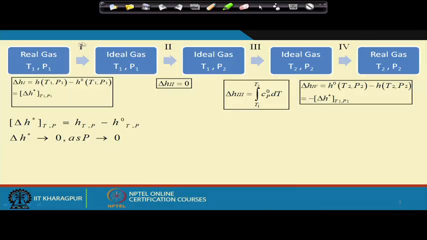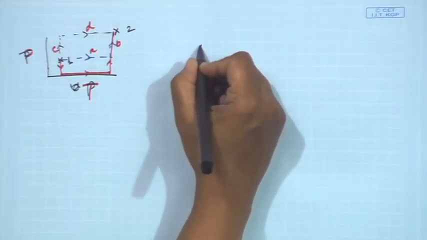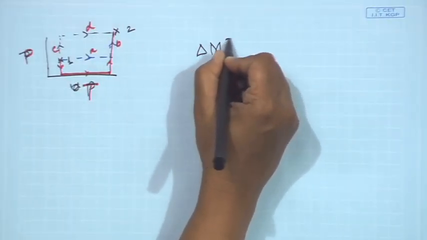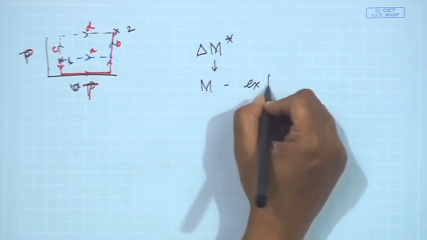And therefore, we had defined this particular property change as a departure function or a residual property, and we had denoted it with delta M star, where M is any extensive property.